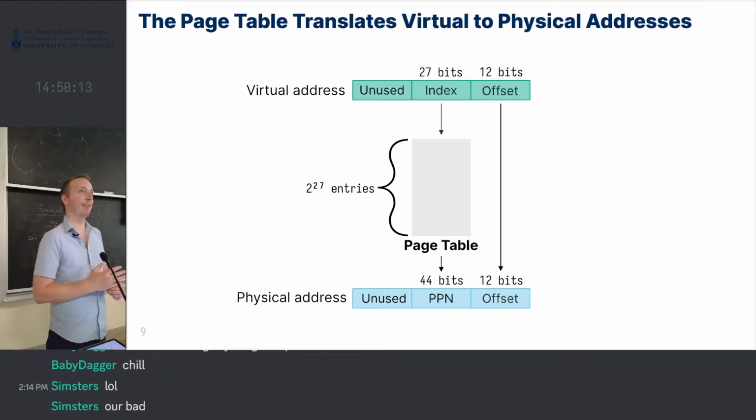2 to the 33? It would be 2 to the 33 bits, or 2 to the 30 bytes.